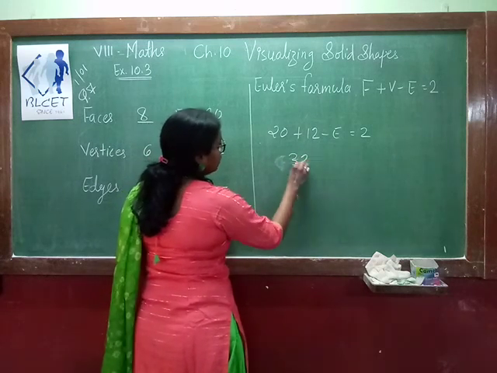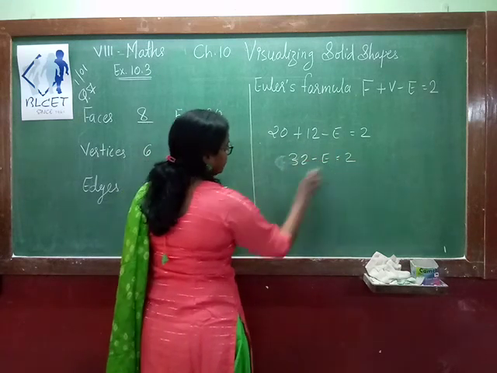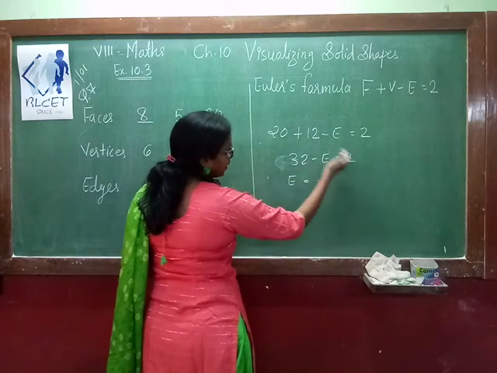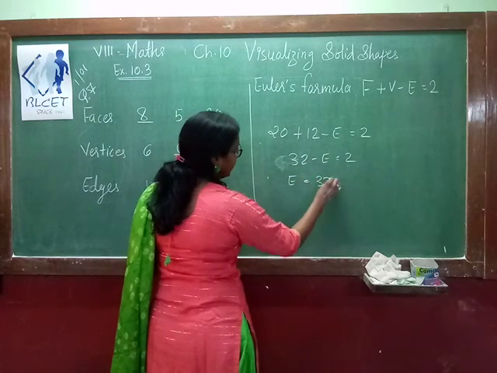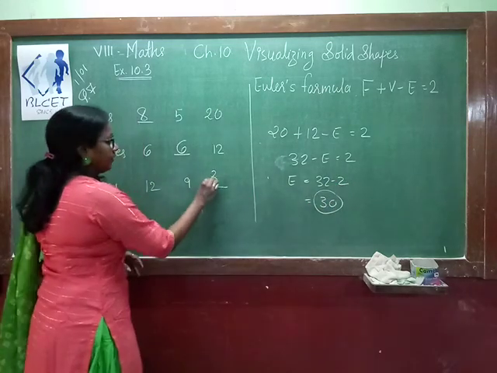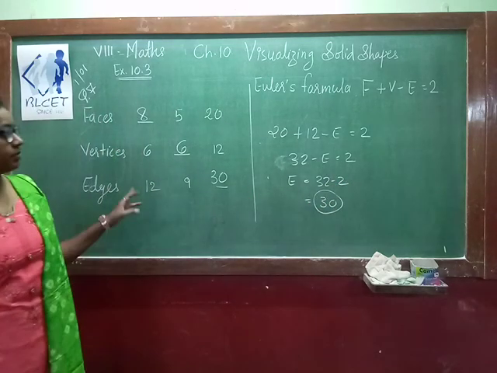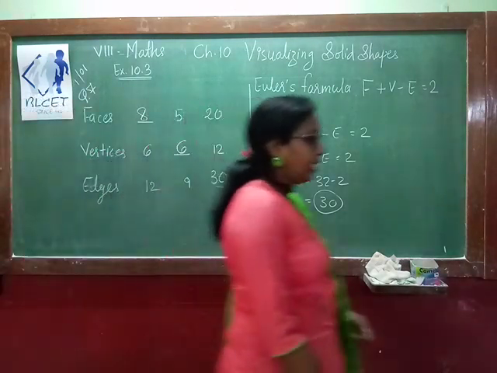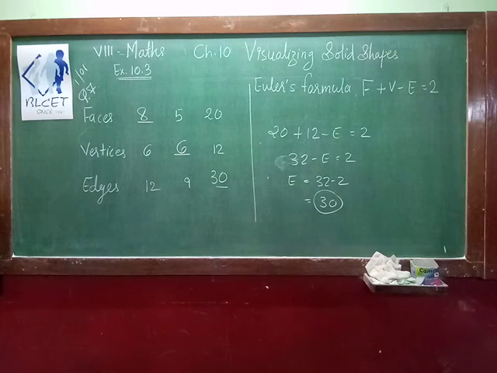So 32 minus E is equal to 2. So therefore E is equal to what? This E will go to that side, so it is plus E. 2 comes here, so it is 32 minus 2, which is equal to 30. With the help of Euler's formula we can find the unknown value.